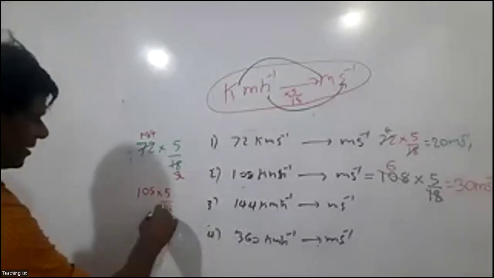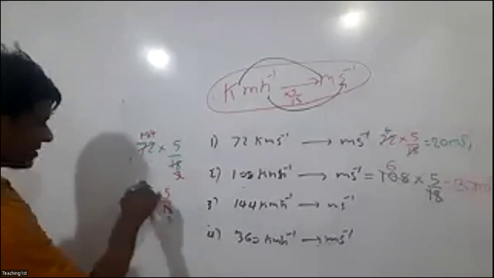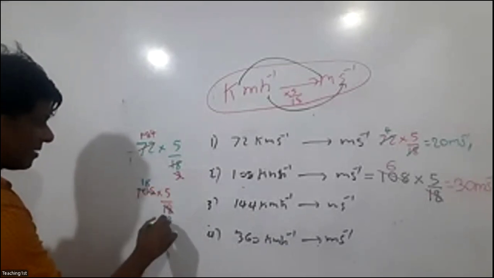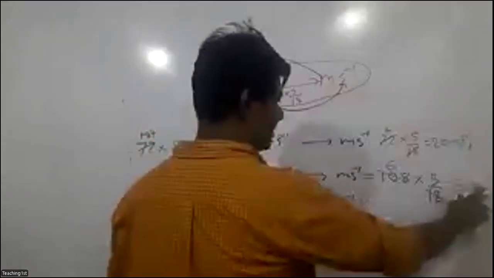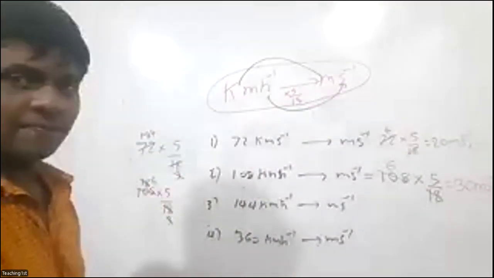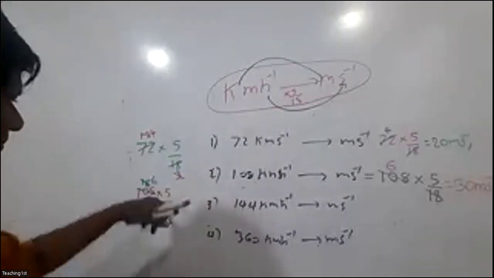So you can get like sixes. 3. How many sixes? There are 18 sixes. Now it's 6, 6 fives, again 30. Okay? You can do it this way if you are not that mathematically intuitive.